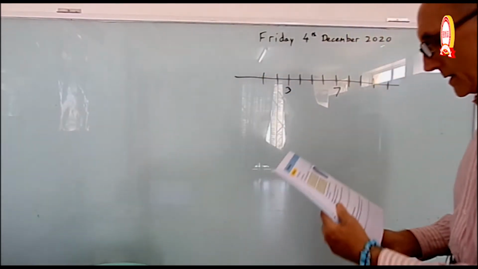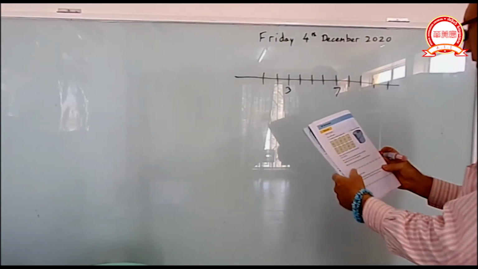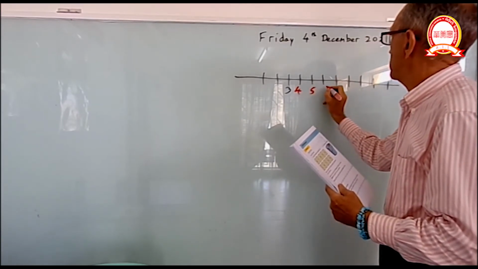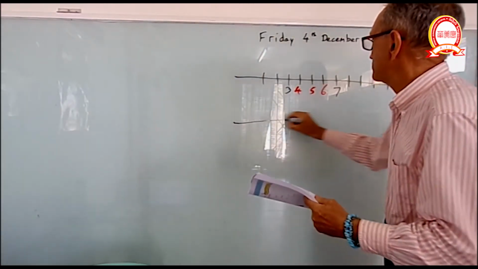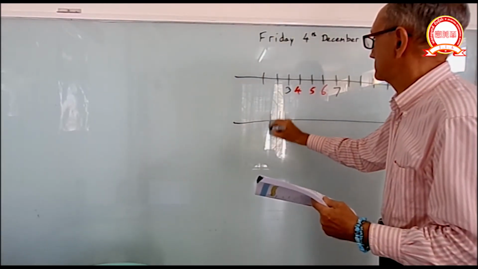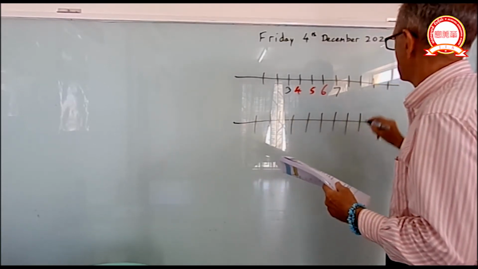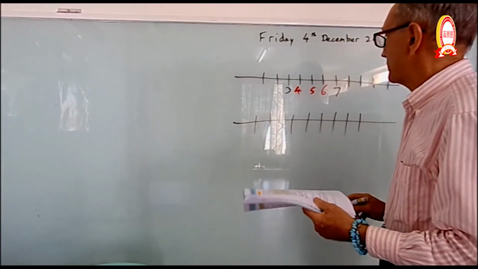So now it says, write all the numbers that come between them. So that's 4, 5, and 6. Now you do the same thing again.